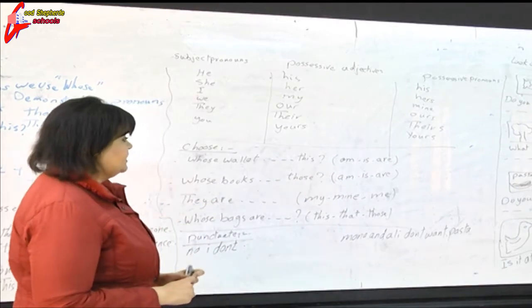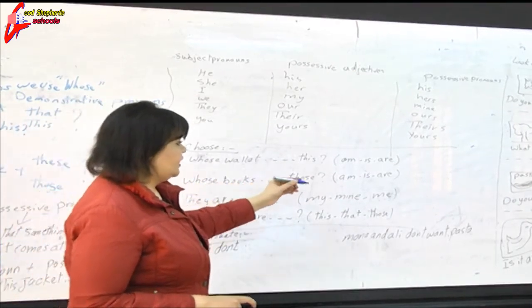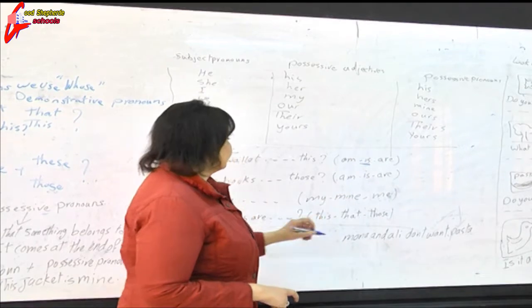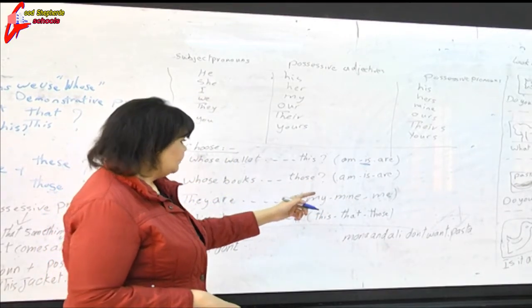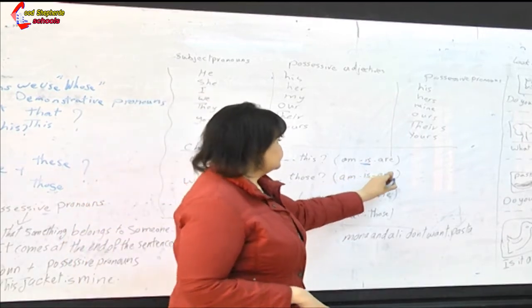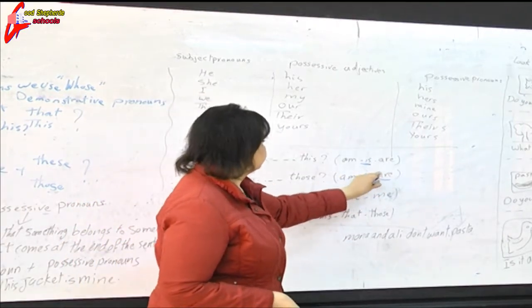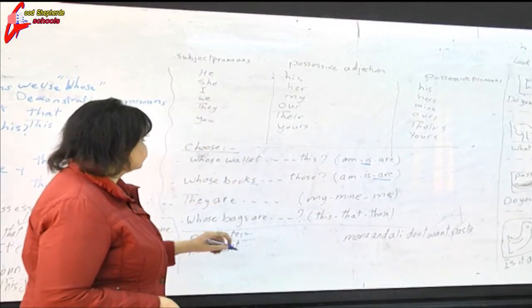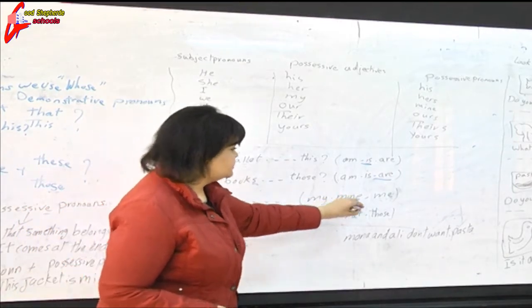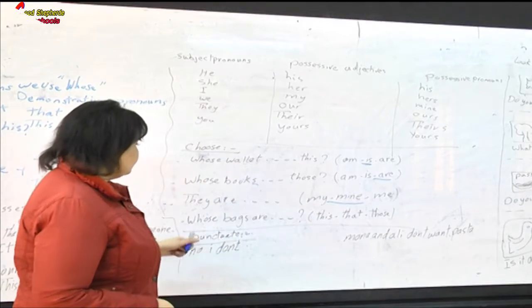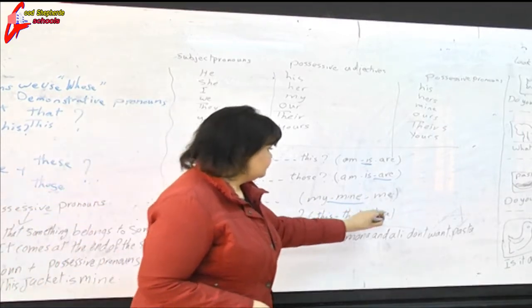Of course, this and wallet is singular, so I will use is. Whose books are those, is or are? Of course, are, because I have plural books. They are my, mine or me? Of course, mine. Whose bags are those?